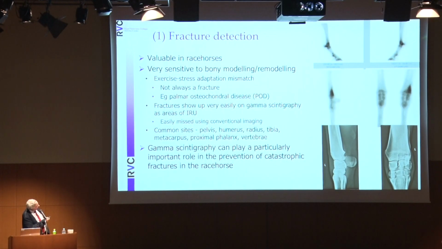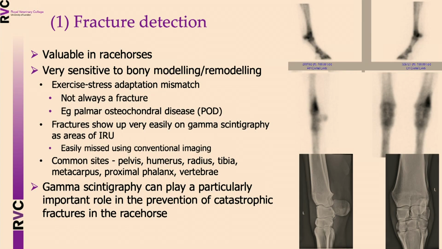And we can see areas where this is particularly pathological, such as palmar osteochondral disease at the back of the fetlock.